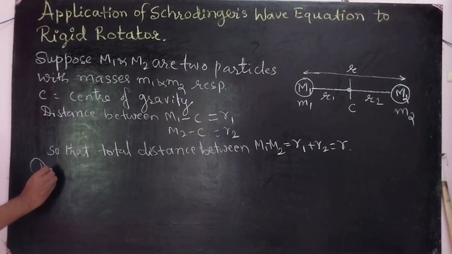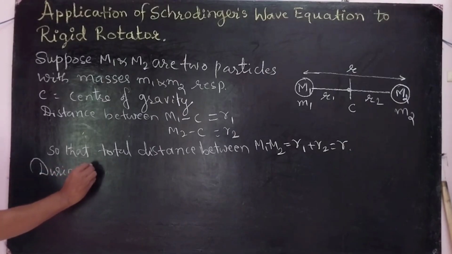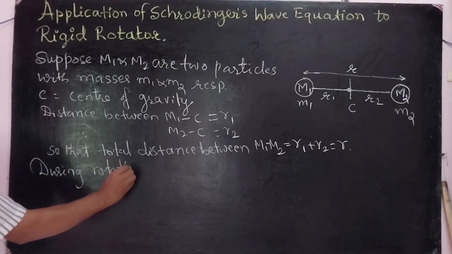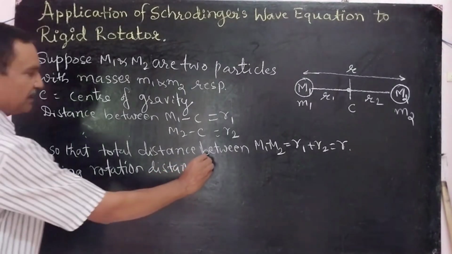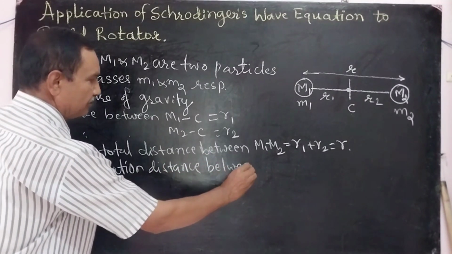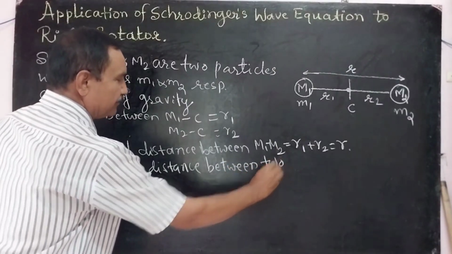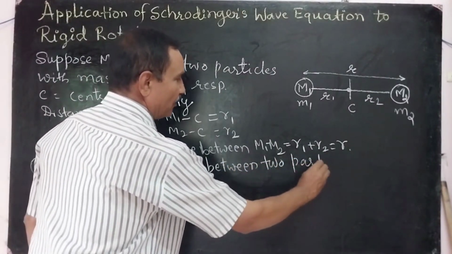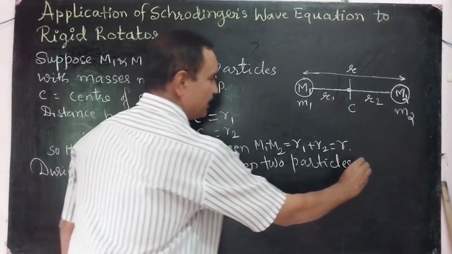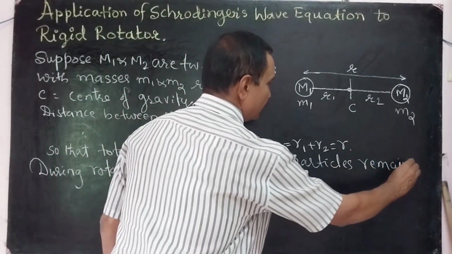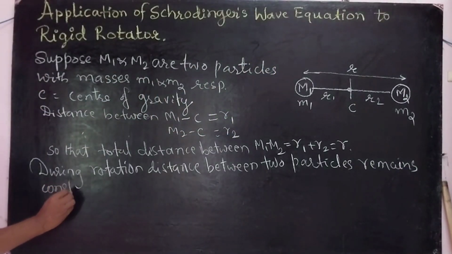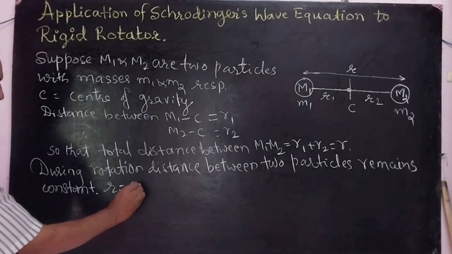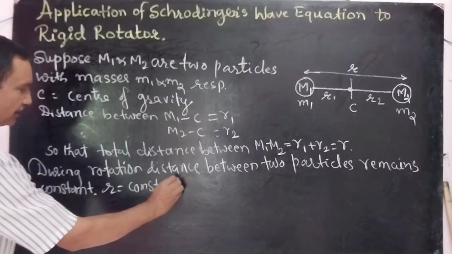During rotation, the distance between the two particles remains constant. That is, r equals constant.